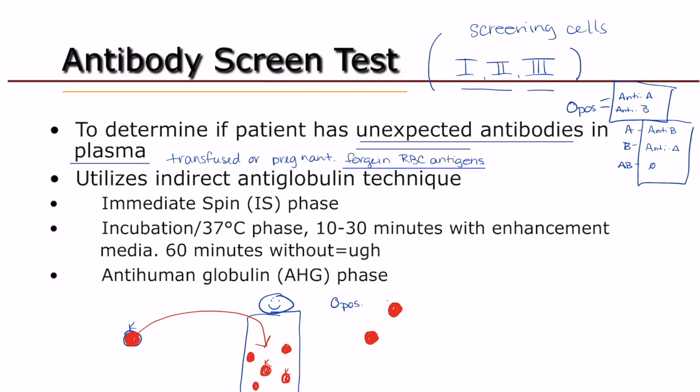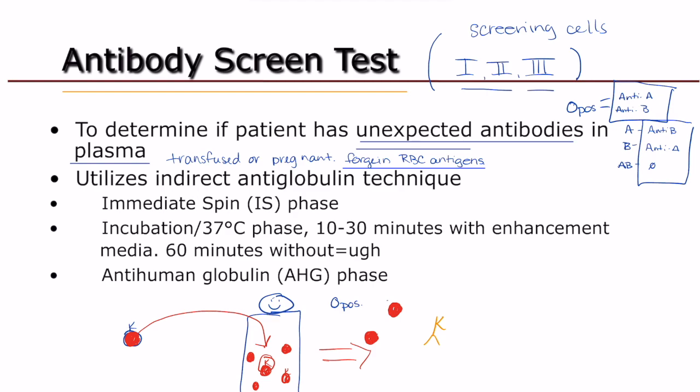But now I have this foreign red blood cell with this foreign antigen on it. So what's my body going to do? It's going to recognize that as something that's not me. And so I am going to then start producing an antibody against Kel.